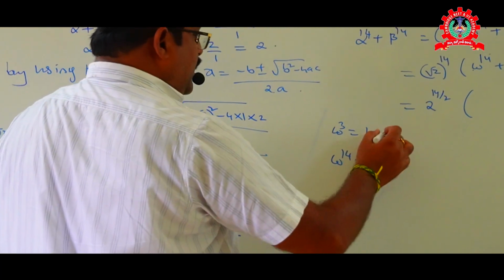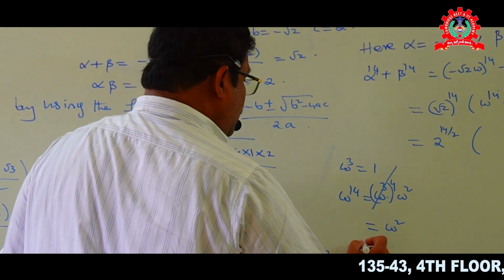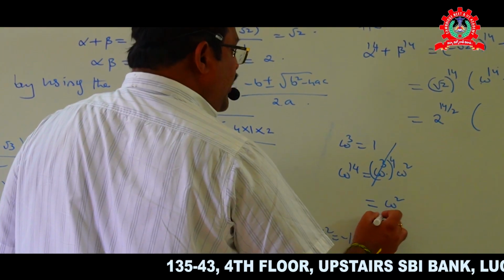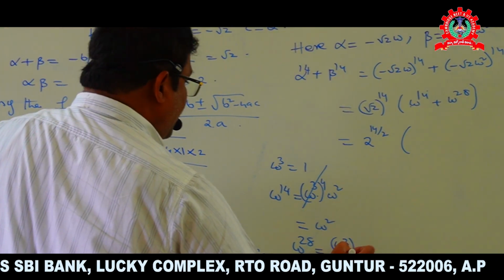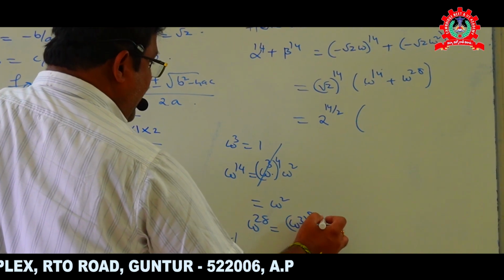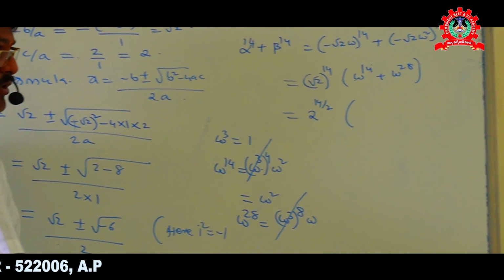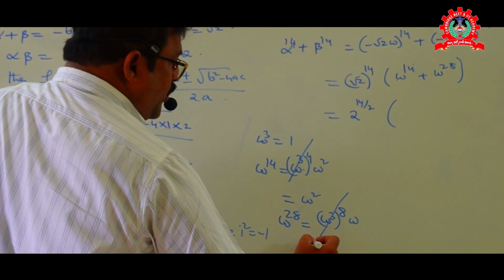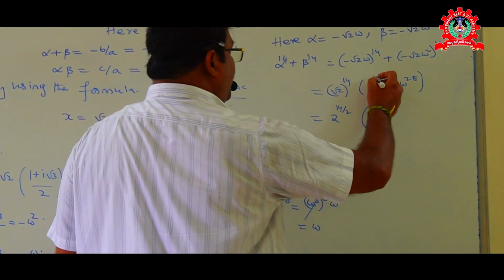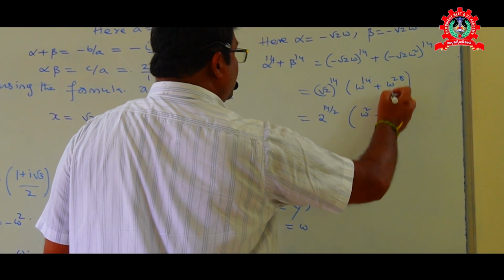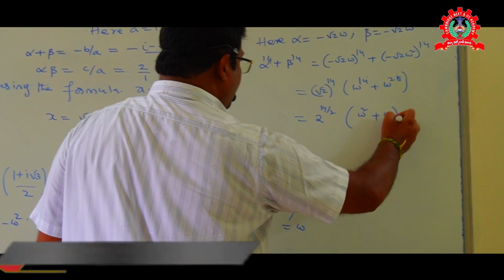Omega cube is equal to 1, that is equal to omega square. Omega power 28 is omega cube whole power 9 into omega, that is equal to omega. Substitute omega power 14 is omega square and omega power 28 is omega.